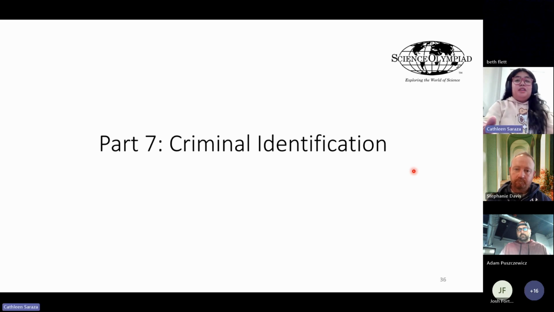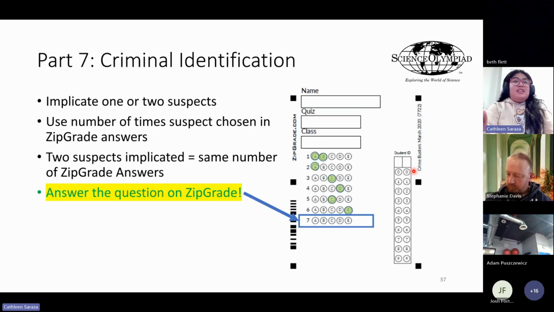Okay. And then part 7, arguably the most important part, is identifying the criminal. And again, they can implicate 1 or 2 suspects. To implicate 1 or 2 of the suspects, the students will use the number of times the suspect is chosen in the ZipGrade answers.